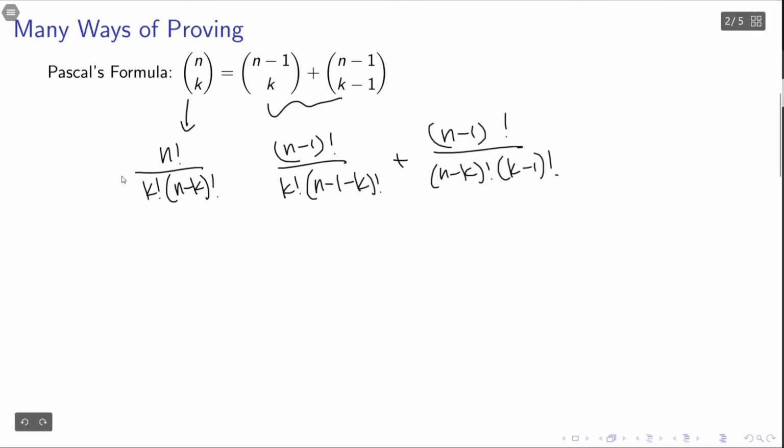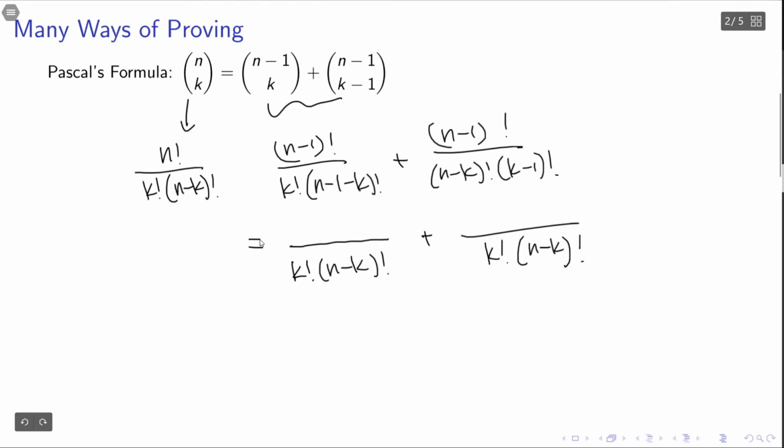So how would we manipulate the right-hand side here? Well, we could write them as two fractions with the same denominator and combine them. So their LCD is k factorial times n minus k factorial. Right, so I'm going to write that as the new denominator for each of them.